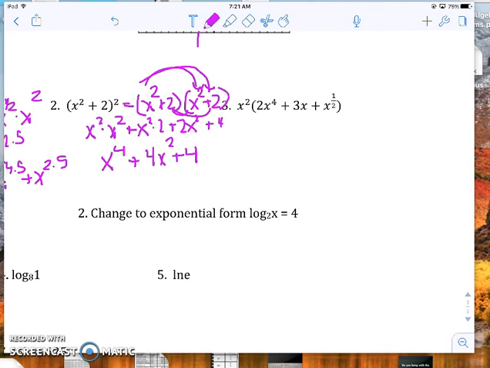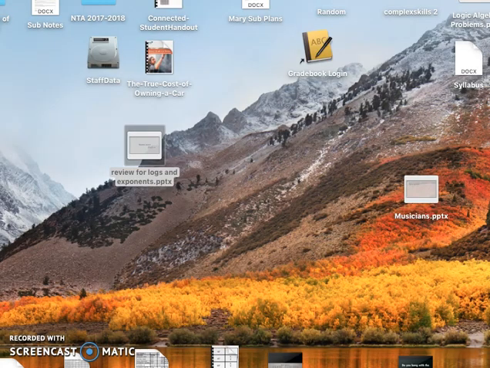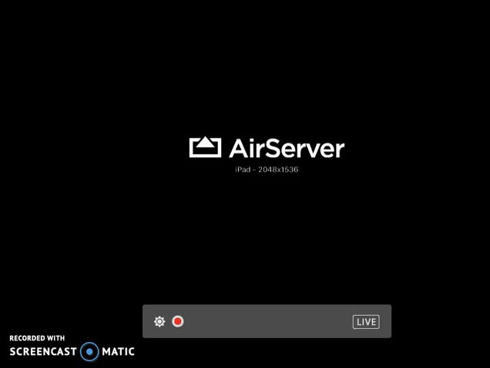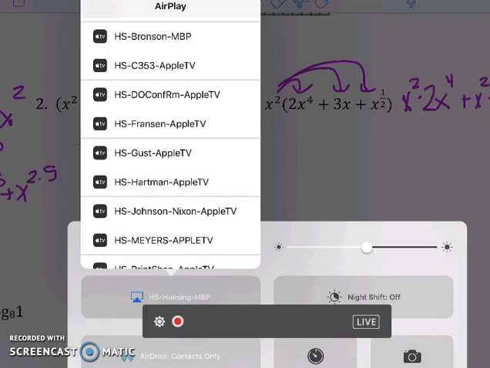And then this last one here, we distribute once again. So if we were to write this out, x squared times 2x to the fourth plus x squared times 3x plus x squared times x to the 1/2. Let's see if we can bring that back here. Sorry about that, guys.